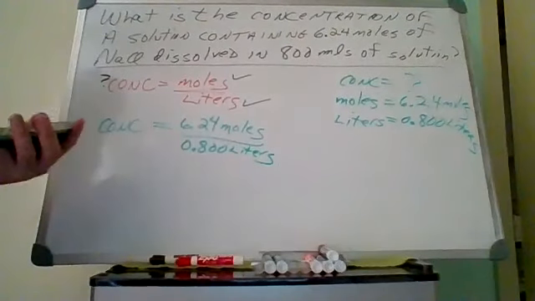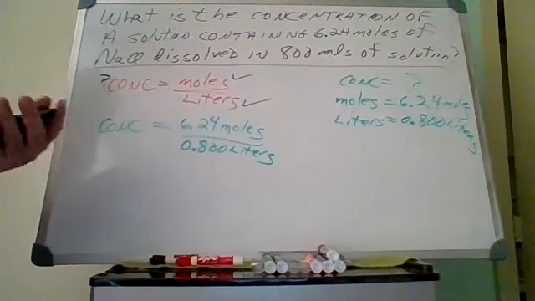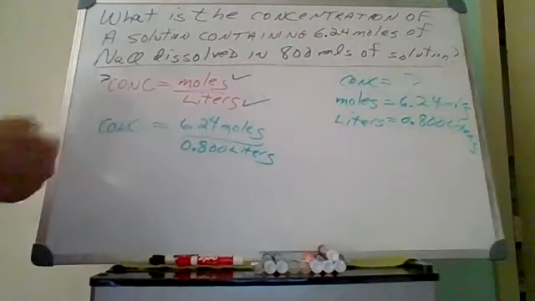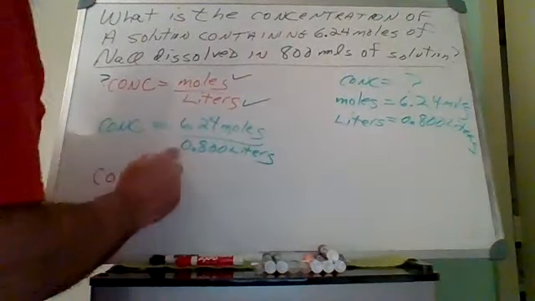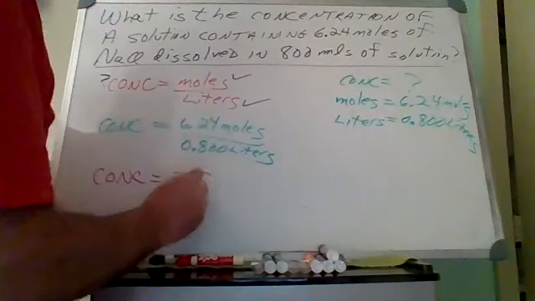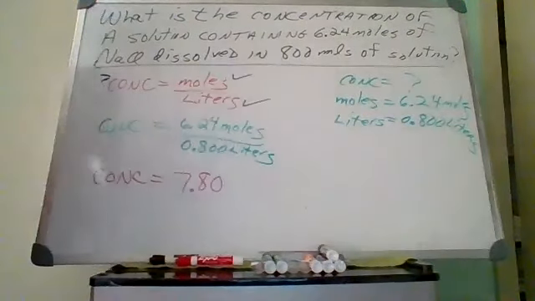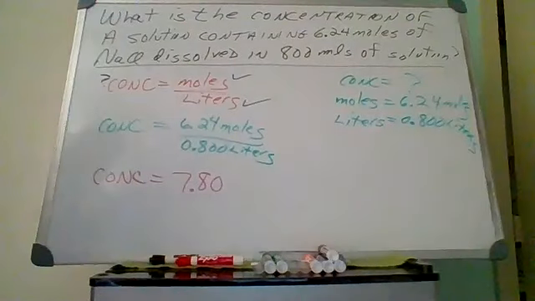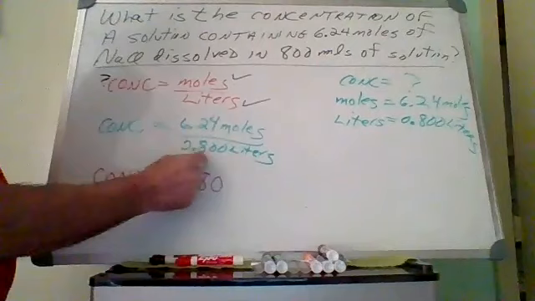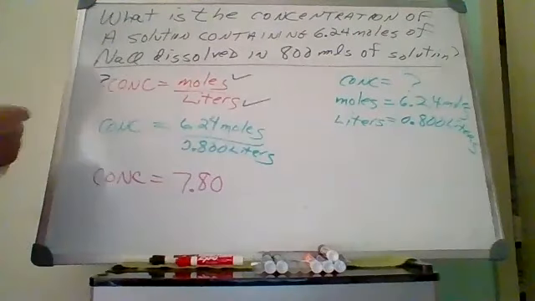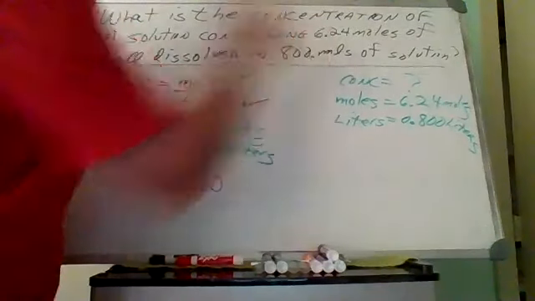So 6.24 divided by 0.8 equals, and I get 7.8. Now pay attention here. 7.80. Okay, because I have 3 digits here, I have 3 here. Remember, the leading 0 doesn't count, but the 2 zeros at the end do. That is if I put a decimal point there.